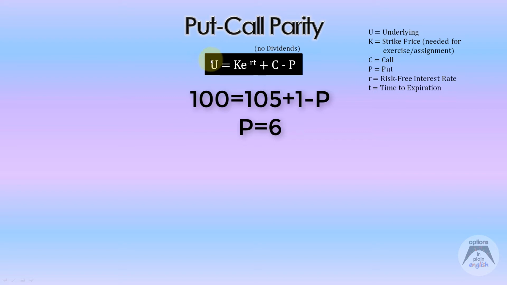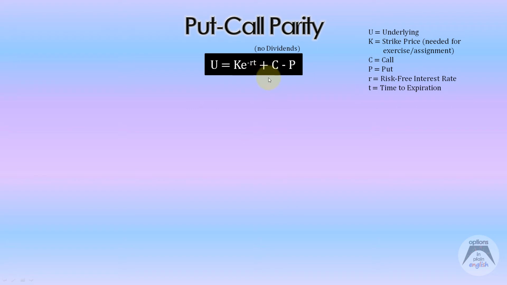So you know that if a stock price is 100, the 105 strike price is in play and the call is 1, then you know that the put is going to be worth $6. This is a very interesting property of the whole options world, which is that there is this basic relationship between stocks, calls, and puts.